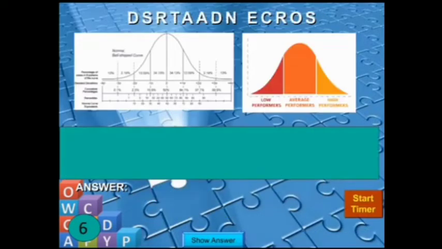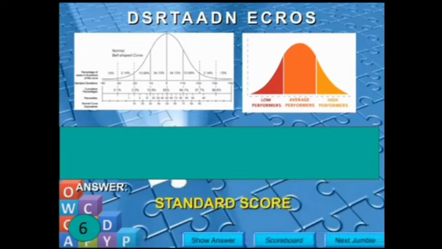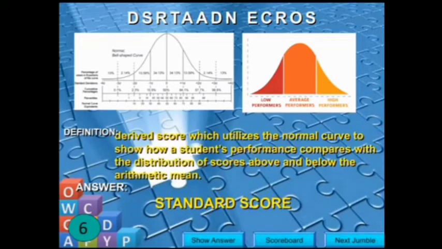Round 6. Time starts now. Time's up. The answer is standard score. It is a derived score which utilizes the normal curve to show how a student's performance compares with the distribution of scores above and below the arithmetic mean.